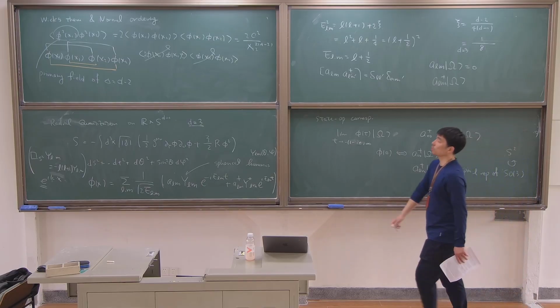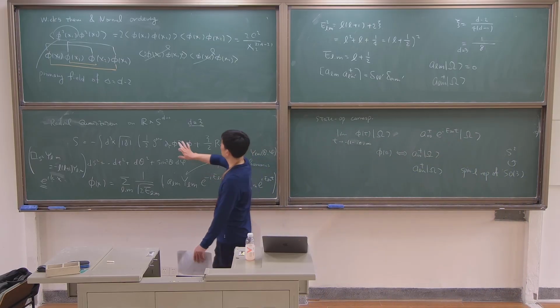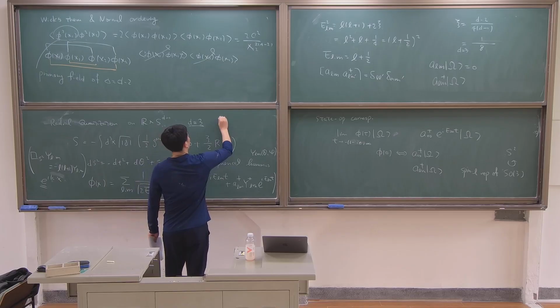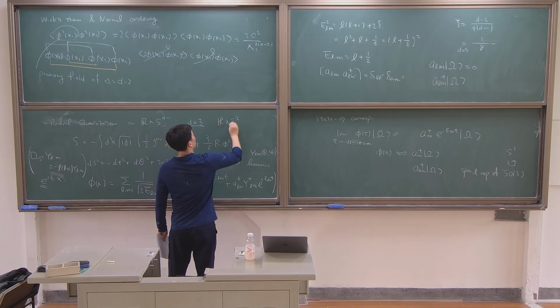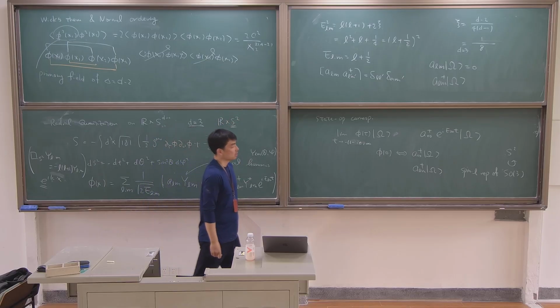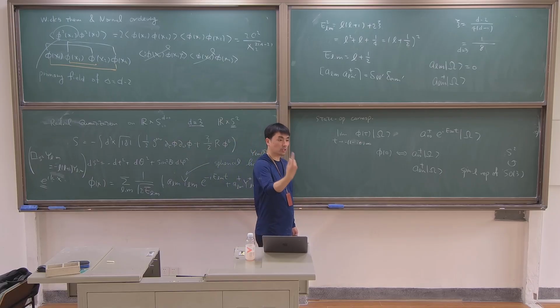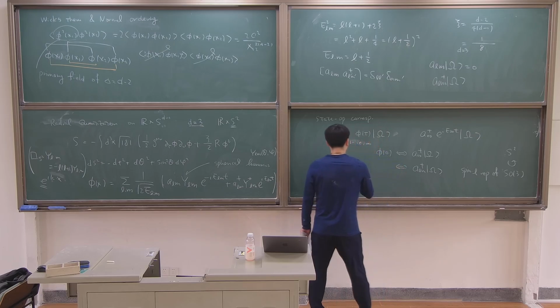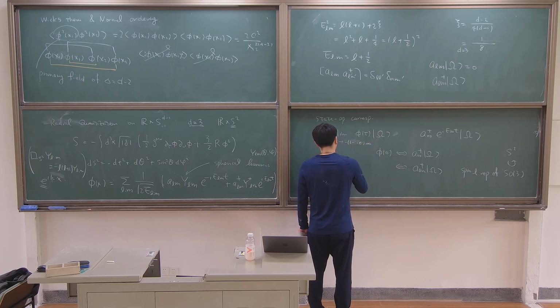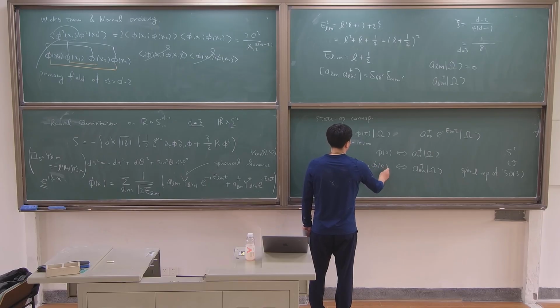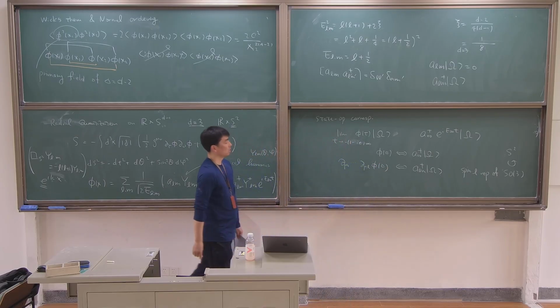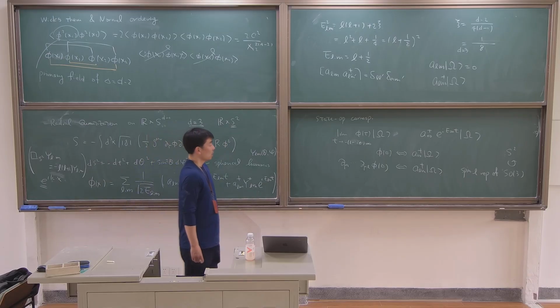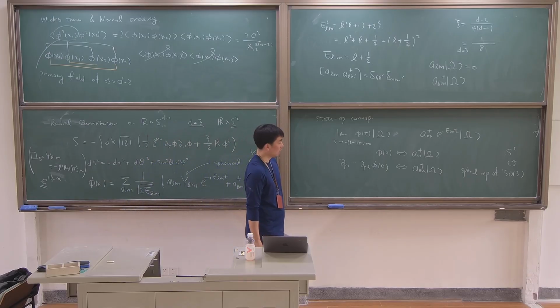So we just consider space-time as the S2. So now we consider R cross S2, and then you just do the spherical harmonic on S2 that corresponds to the state-operator correspondence.